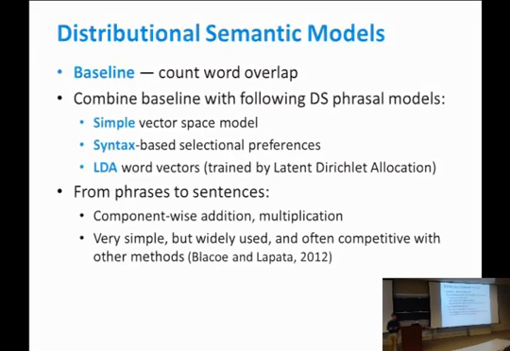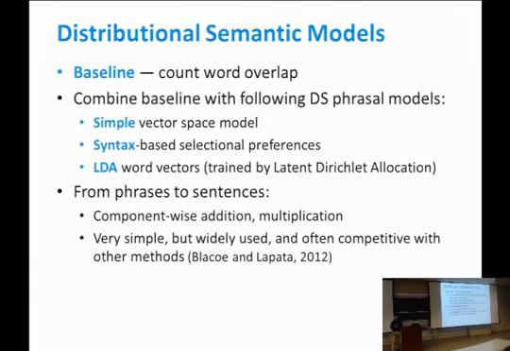So let's look at the DS models that we evaluate. We've already encountered many of these before in my previous discussion. The first is the baseline method, which is to just count the number of words that overlap, without any DS information. And I'll combine this with methods for DS phrasal models that we've seen before. For example, you can use the simple vector space model, or the syntax-based selectional preferences model, or the LDA trained model by the Reindeer application.